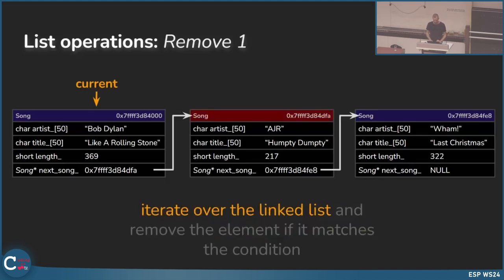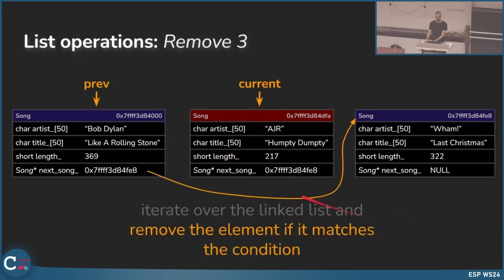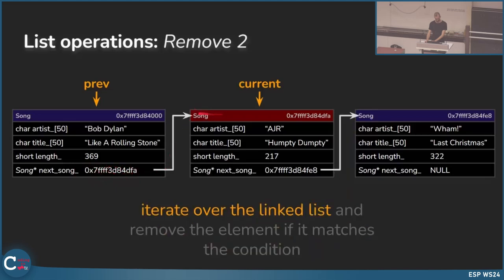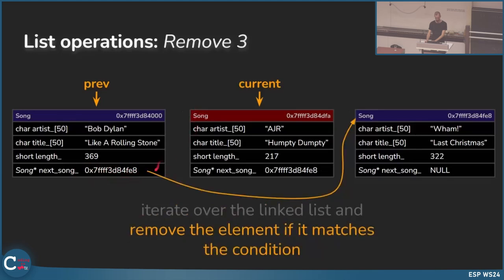This is very easy because you iterate over it again, and you have one song in the middle you want to remove. The only thing you want to do is add this next song, which should not point to this song anymore, but just leave it out and point to my third element. That's basically it.